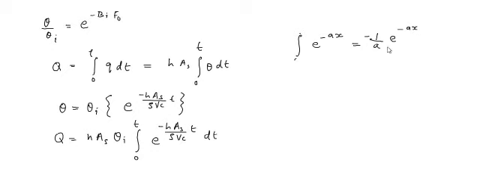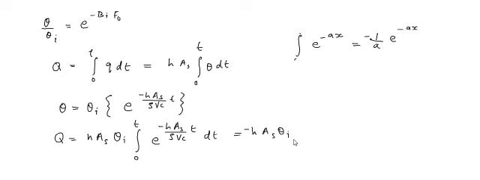If we apply that equation here, this will be equal to hAs times theta I, and you get 1 by negative of, so let us keep the negative sign outside.